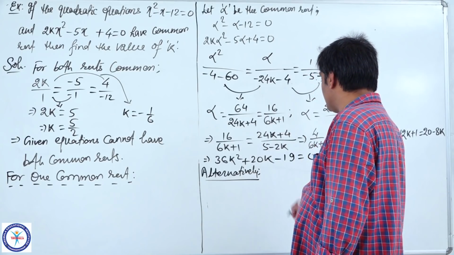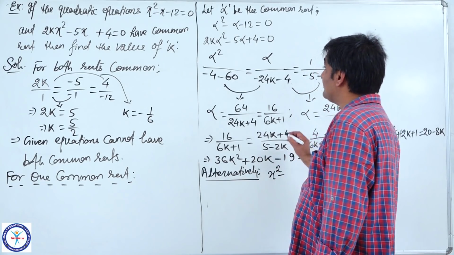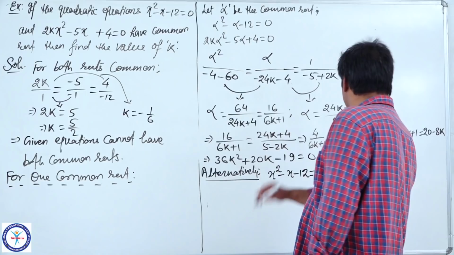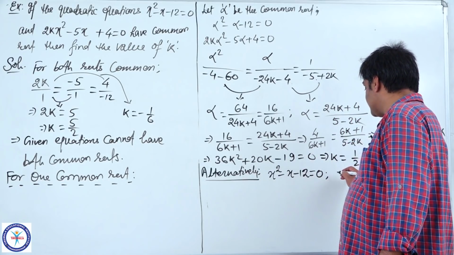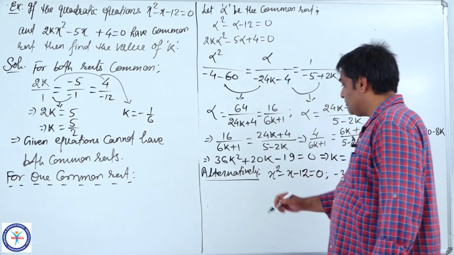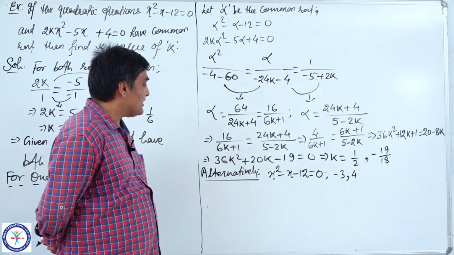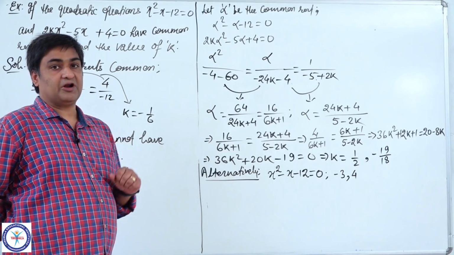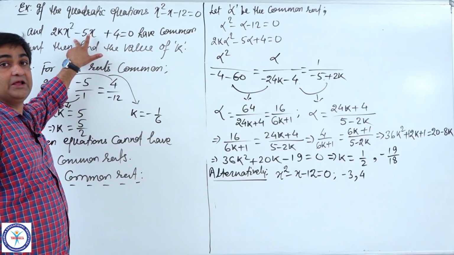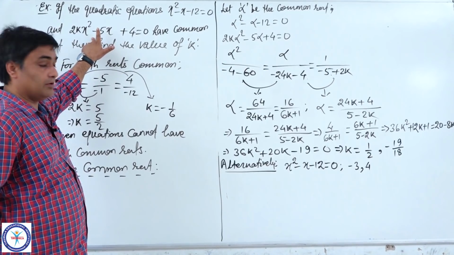Now, if we think of the first equation given, roots are minus 3 and 4. Now, one common root is there. So, the second equation will have either root minus 3 or 4.